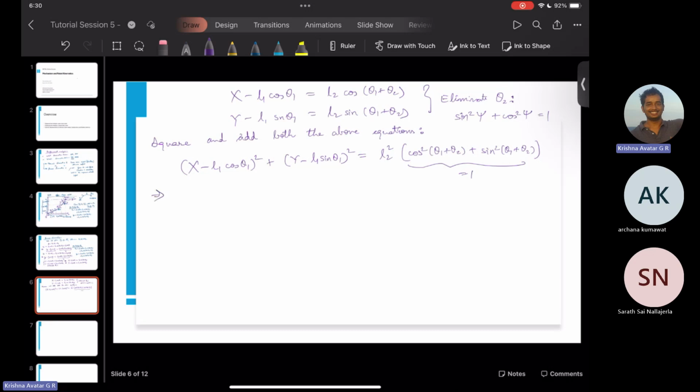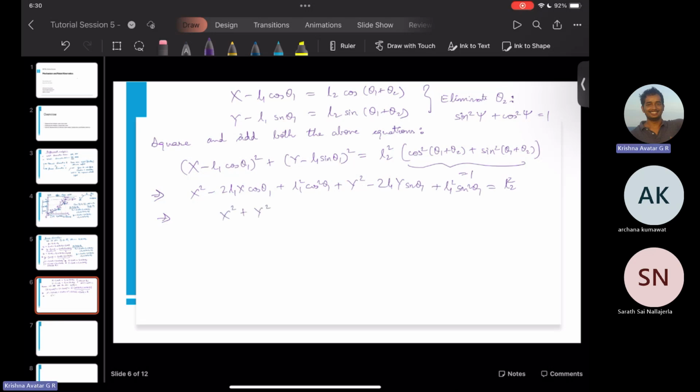And then we are left with X squared minus 2 L1 X cosine theta 1 plus L1 square cosine square theta 1 plus likewise Y square minus 2 L1 Y sine theta 1 plus L1 square sine square theta 1 is equal to L2 squared. Now let's perform some reduction here.